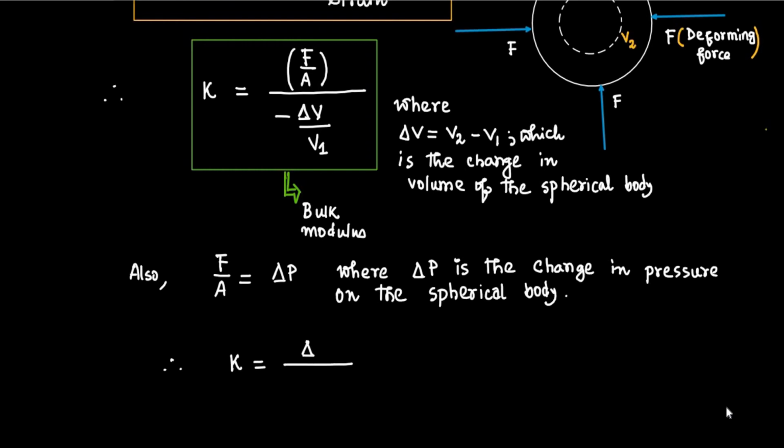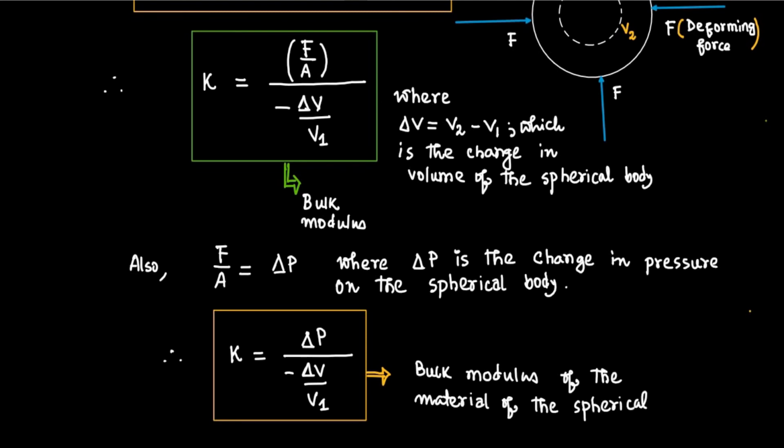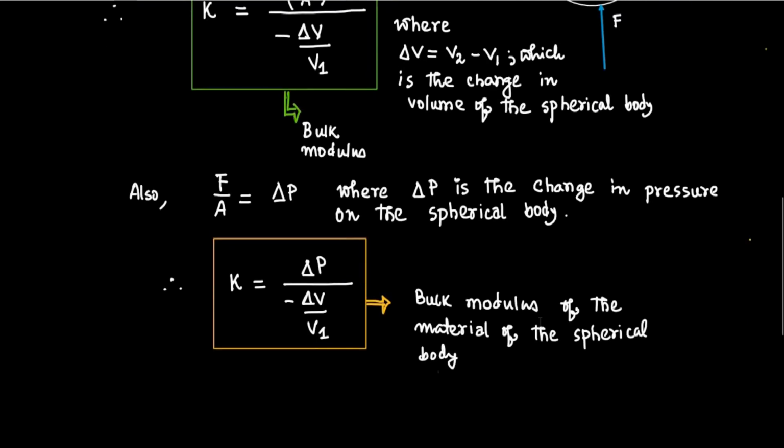Therefore, K equals delta P divided by minus delta V by V1, which is the expression of bulk modulus of the material of the spherical body.